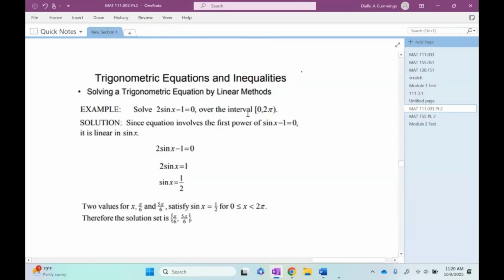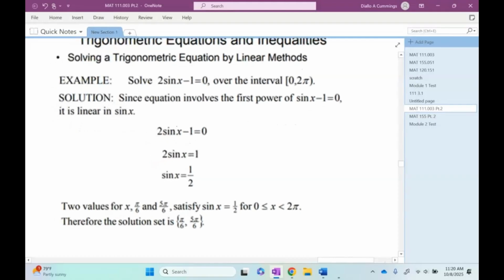But if they're giving you the interval in radians, you want to make sure to answer in radians. Since this is a linear equation, and what makes it linear is the fact that this sine doesn't actually have a power, but that's understood to be the first power, this would constitute a linear equation.